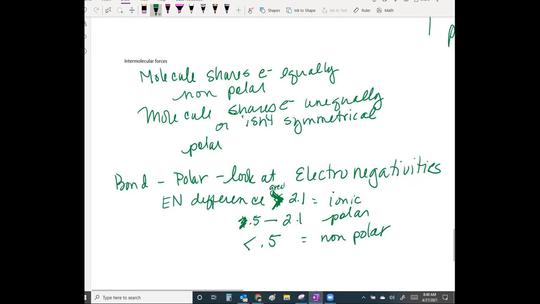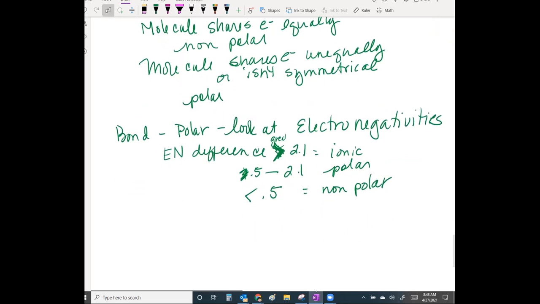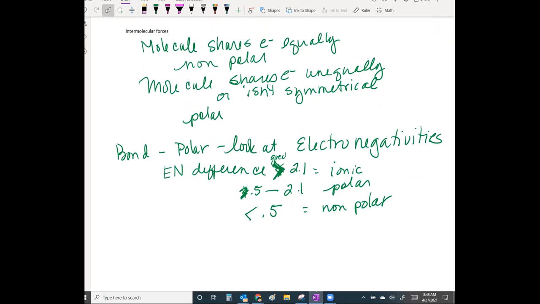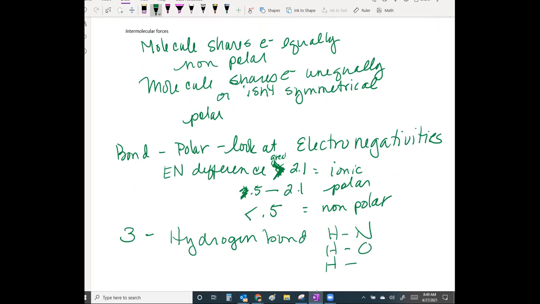Now, if it's a polar bond, it exerts an intermolecular force. There are 3 intermolecular forces. We just talked about this last week. The hydrogen bonding is the strongest. It's when you have hydrogen connected to nitrogen, oxygen, or fluorine.